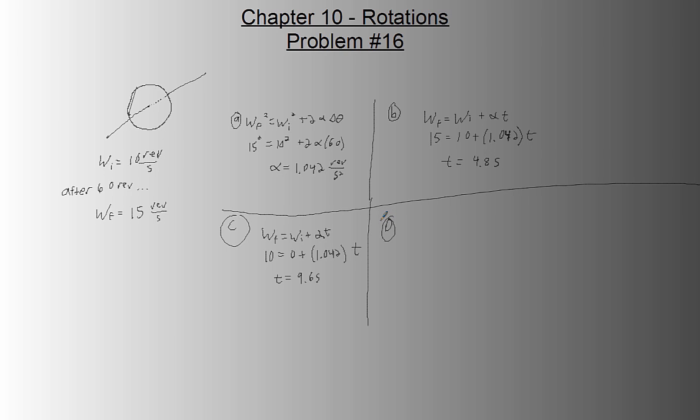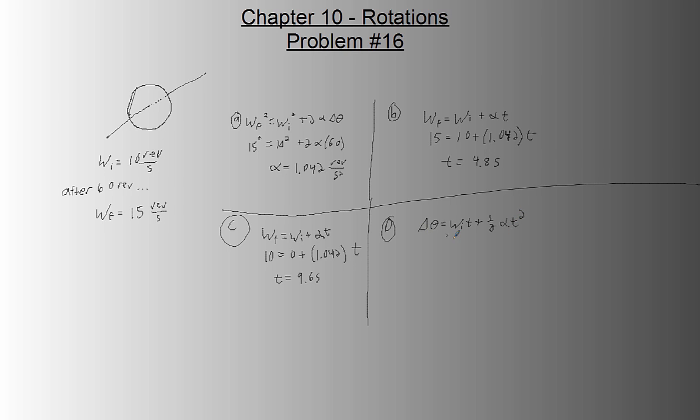And finally, part D, the number of revolutions from rest until 10, so the number of revolutions during this time period. So we could use this equation, delta theta equals omega initial t plus 1/2 alpha t squared.